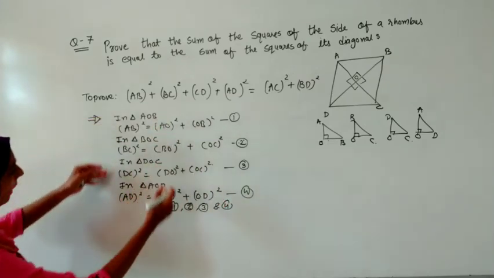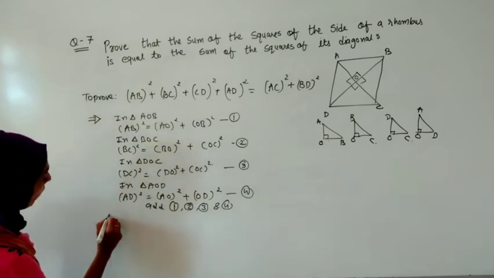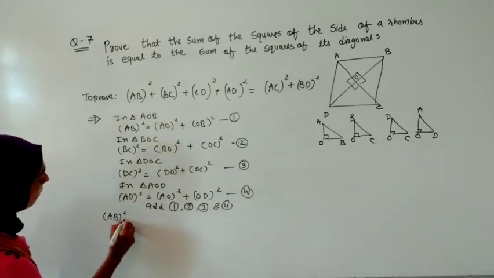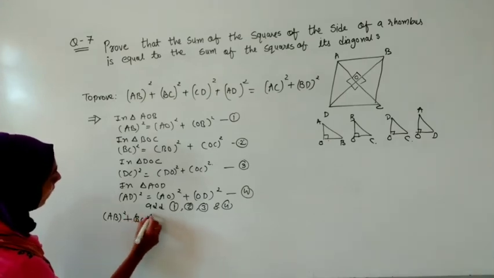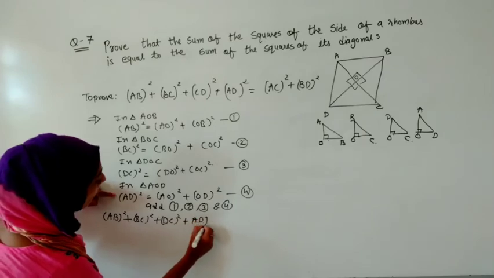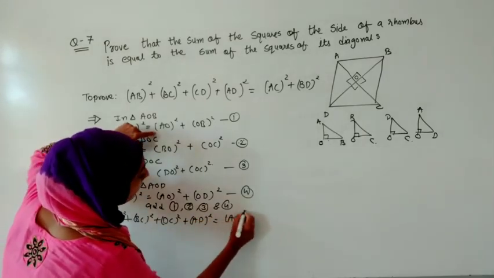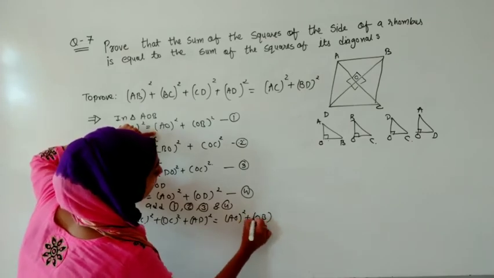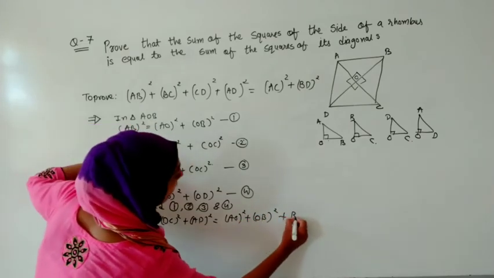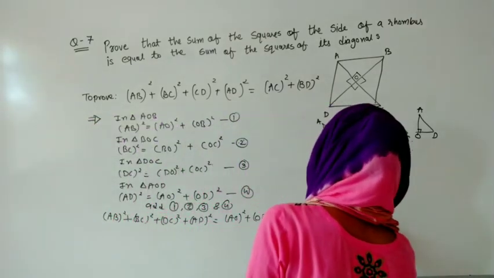So if we are adding, right hand side will be added to right hand side, left hand side will be added to left hand side. So it will look like AB square plus BC square plus DC square plus AD square, and that will be equal to AO square plus OB square plus BO square plus OC square.